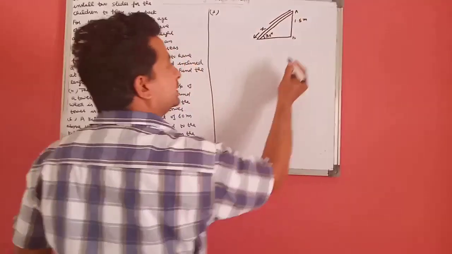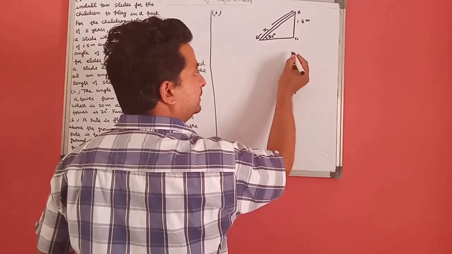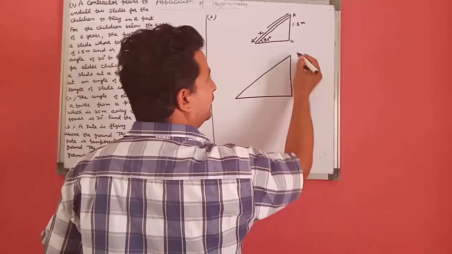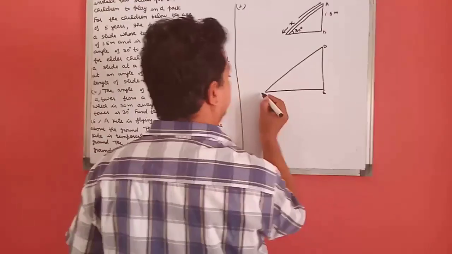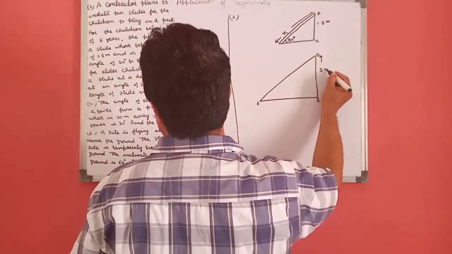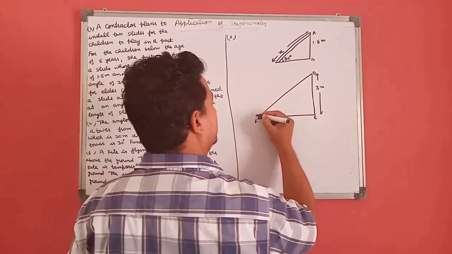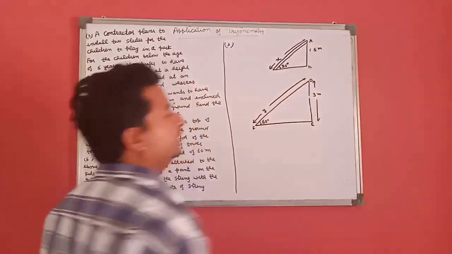In the second case, for the children above 5 years, she prefers to install a slide whose height, DE, is 3 meter, and the angle of elevation is 60 degree. Here we need to find this length, that is y.